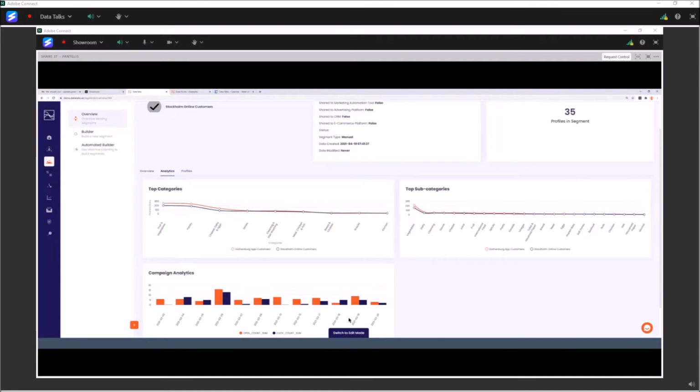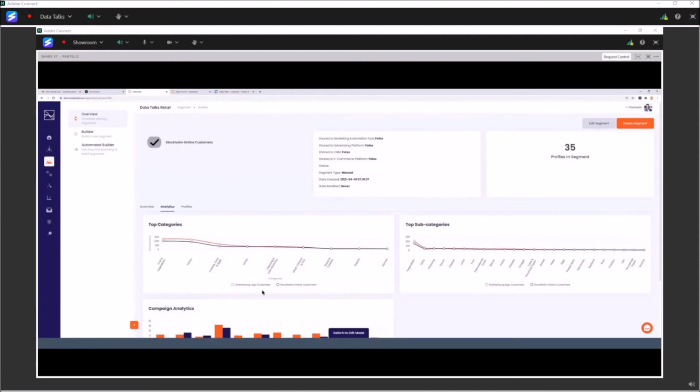It is up to you to decide the most important KPIs. We can see that people from Stockholm, for example, are more interested in fruit and vegetables and then in the pantry categories. And if we look here, we'll see that vegetables is by far the top subcategory of products.